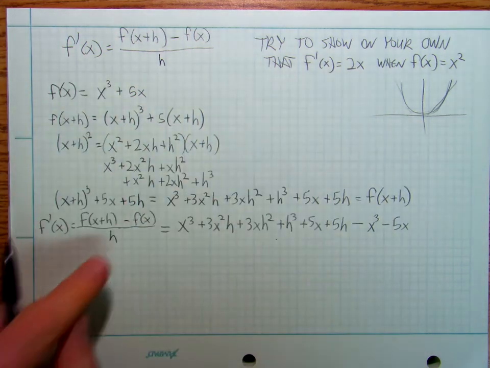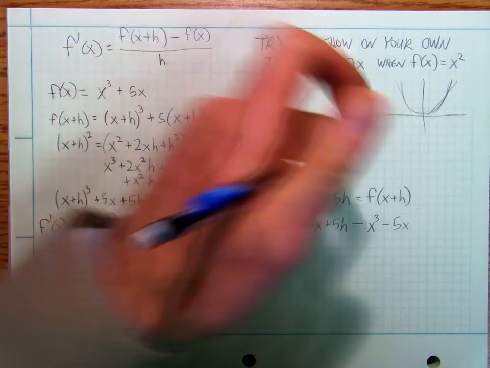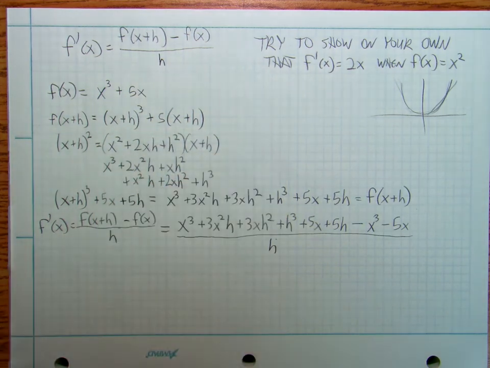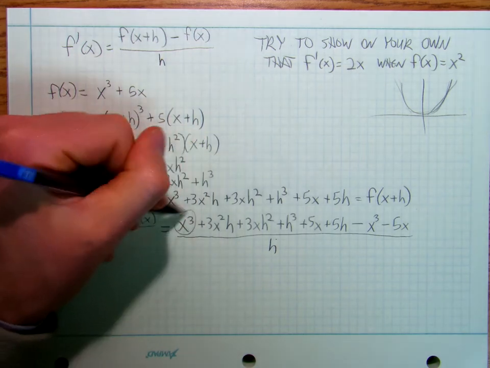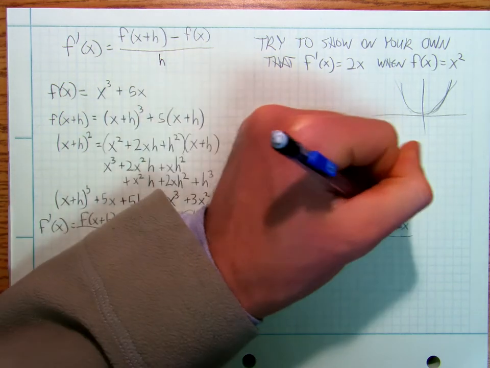Got to remember that it's minus all of that, so it's minus that and minus that, all over h. Okay? So then I look and go, gosh, that cancels that, and that cancels that.